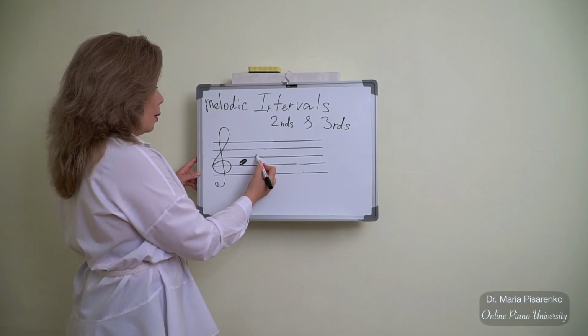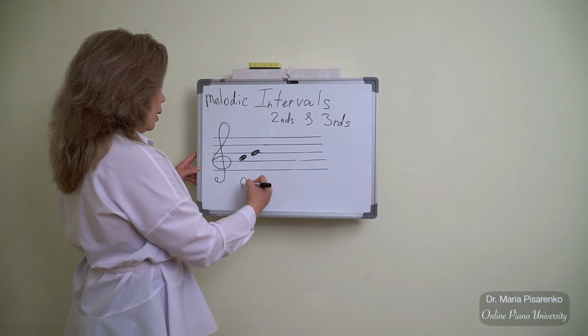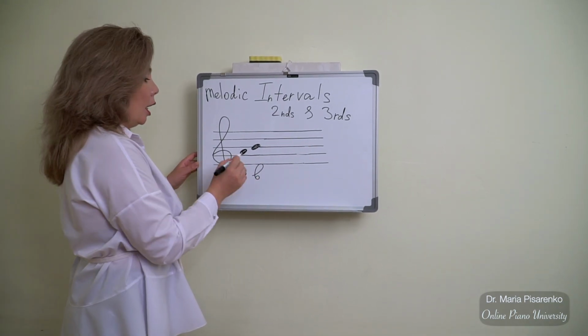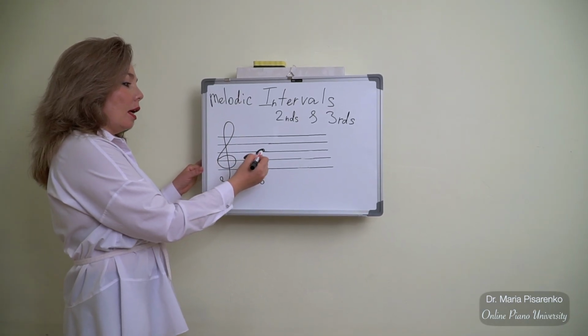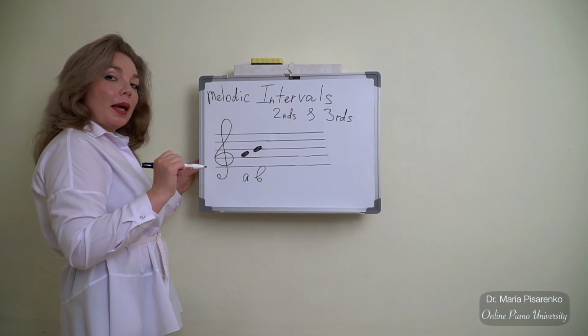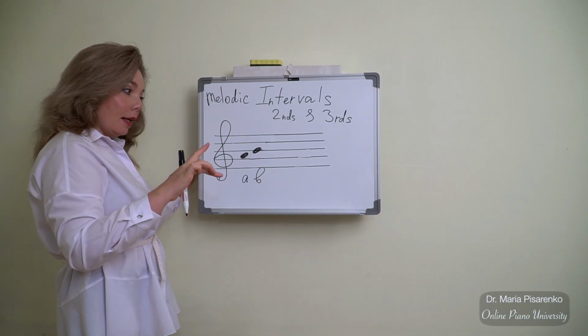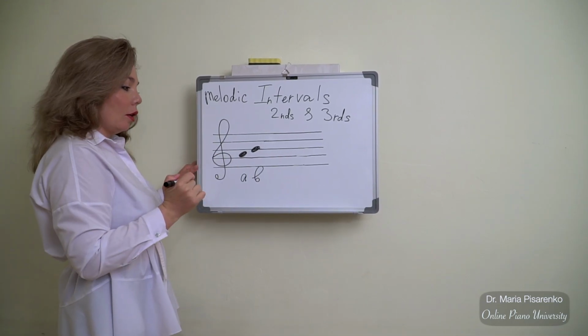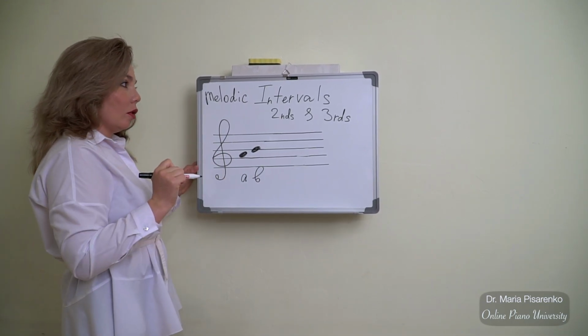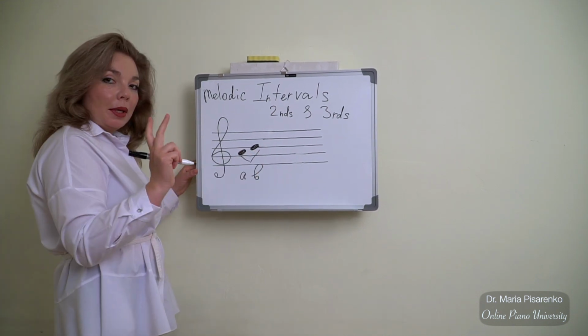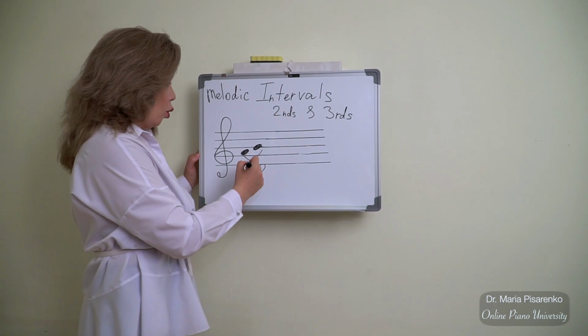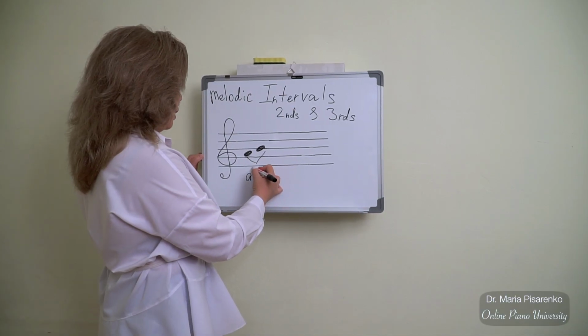A, B, A, B. You write the letters one after another and they create a melody. You can write a melody using melodic intervals. So it is a second, as you know, because A and B are next to each other in alphabetical order.